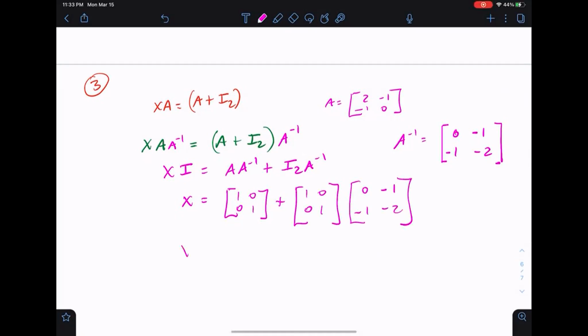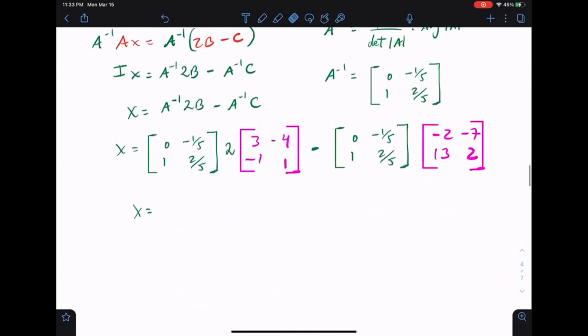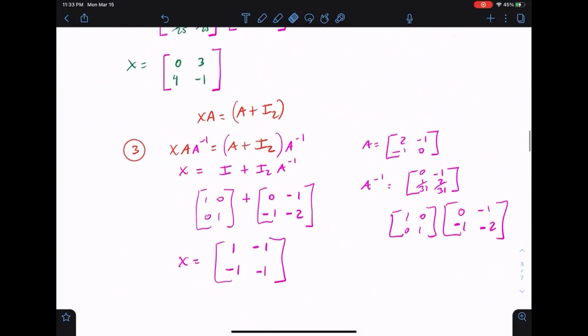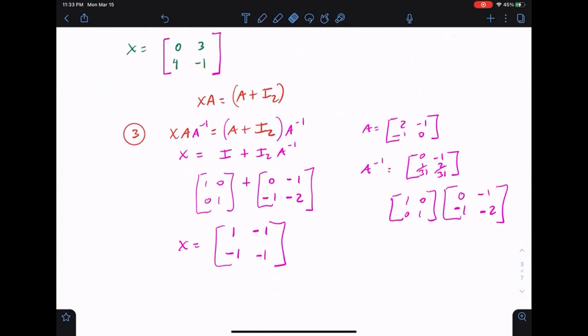So you need to do the dot product here, and then add it after that. When you do that, I get this. So here is the answer.